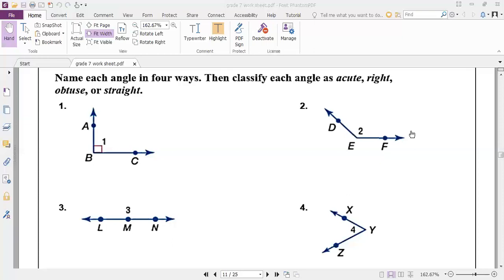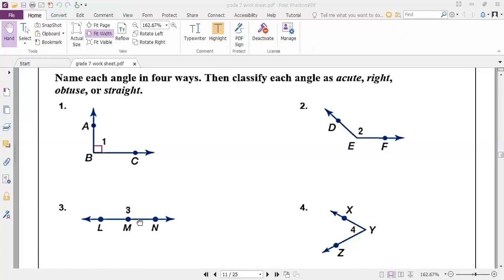If the angle is greater than 90, this angle is obtuse. If we look at the third shape, it looks like two right angles. This angle is 90 and this angle is 90, so 90 plus 90 gives 180.